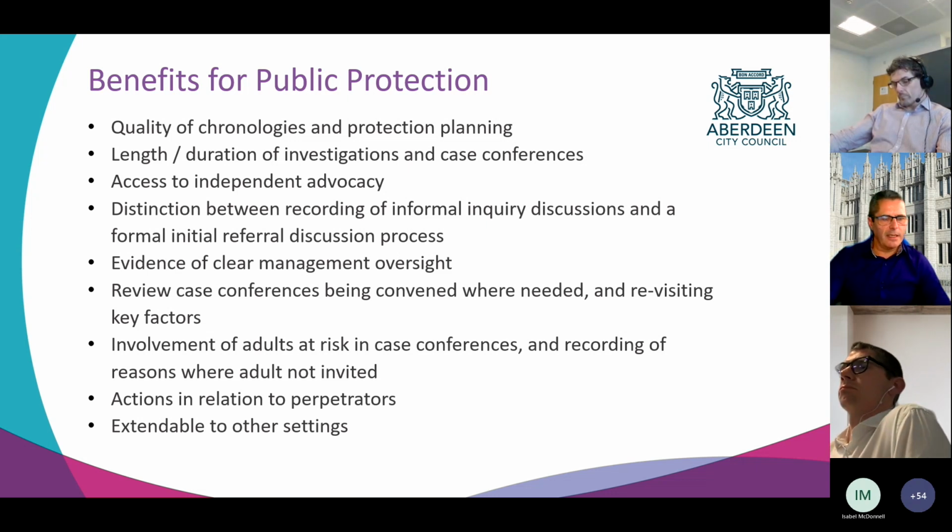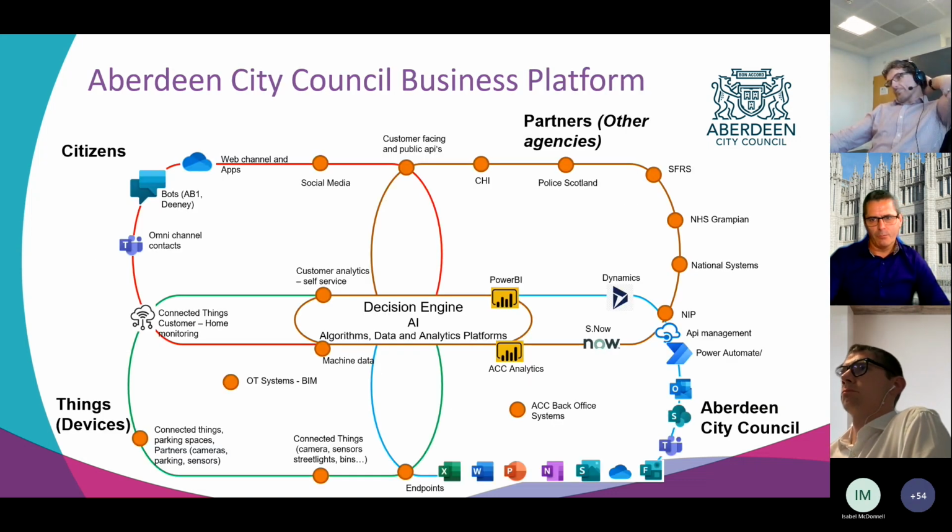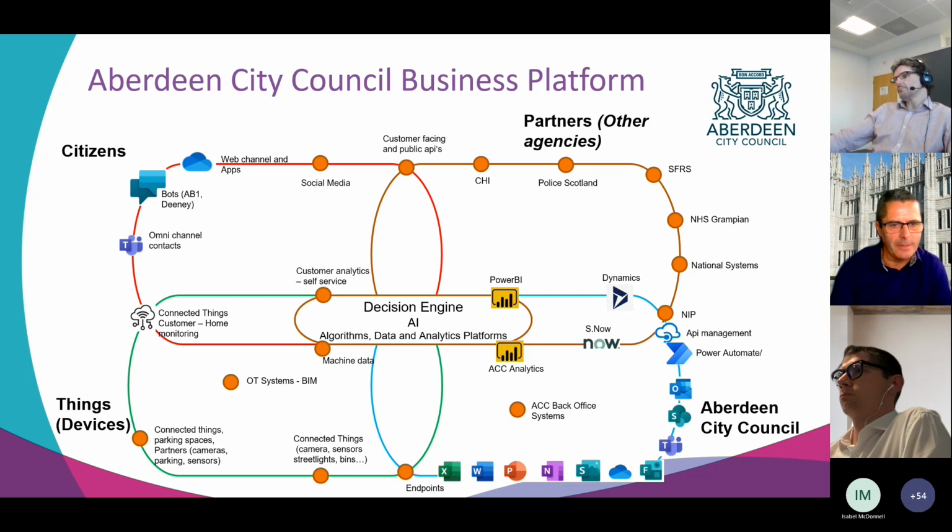I'm going to apologise in advance for the next slide, and I'm purely showing it in terms of overall context, so I have no intention of talking through it in any great detail, but if we focus on the right hand side, that bottom quadrant that's labelled Aberdeen City Council, and the one above it that's named partners and other agencies.